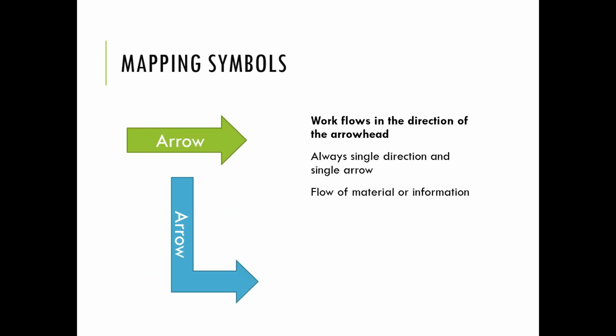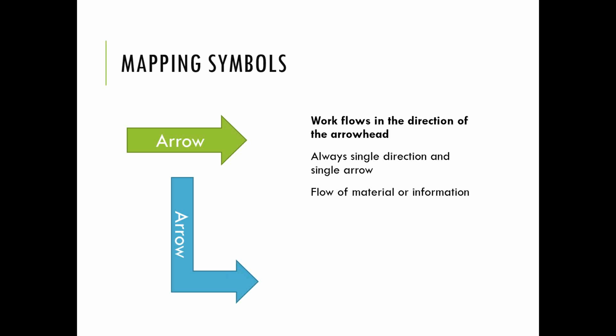And then the next group is the arrow symbols, and these are pretty simple but very important because they show the direction of your workflow from one step to the next. When you're reading your workflow map, you're basically just following the arrows so you can get from the start to the end and see your path along the way.